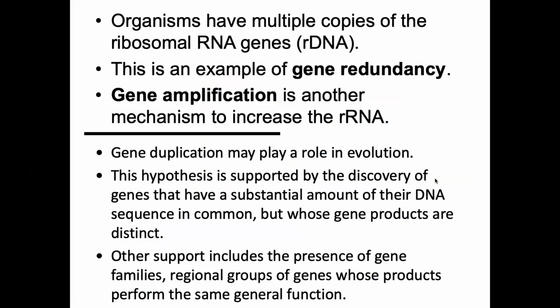So, with modern day genetic analysis, it's pretty obvious that there are many genes represented in the genomes of all different types of organisms, higher eukaryotic organisms, for which we carry many copies of those genes, some of which are tandemly arrayed. As I've described previously, that tandem array is generated through unequal crossing over. But in other instances, the genes are distributed on different locations on different chromosomes throughout the genome.